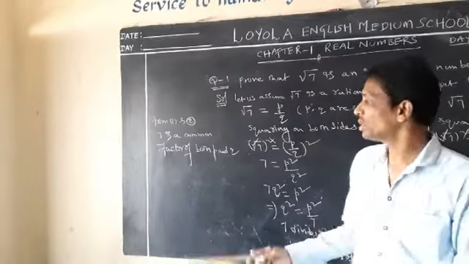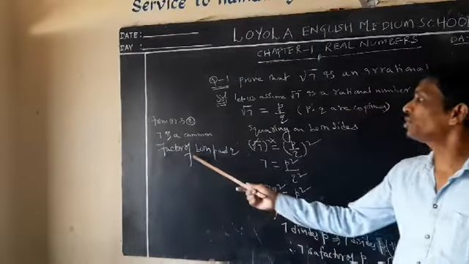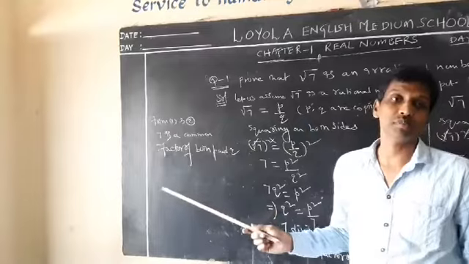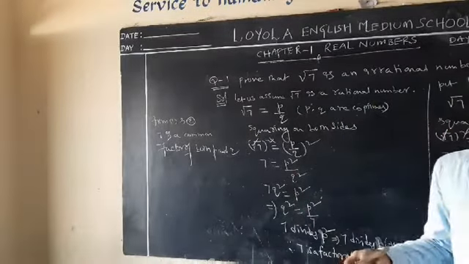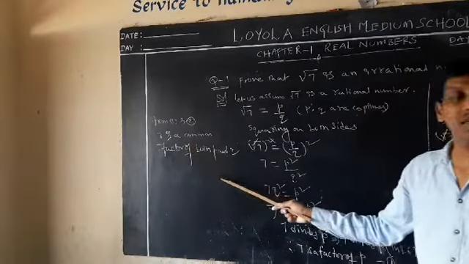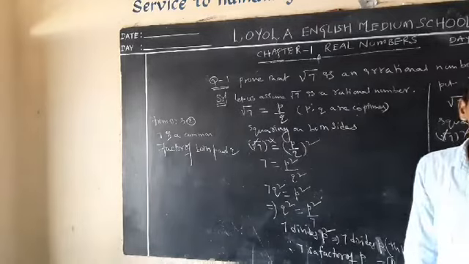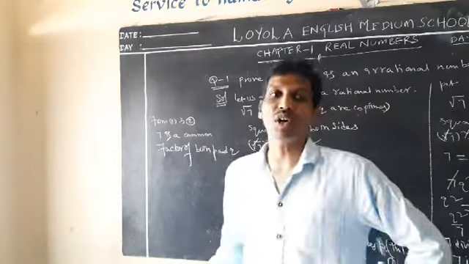But how is it possible? Here we came to know from the conclusion that 7 is a common factor for both p and q. But our assumption is that p and q are co-primes. If 7 is a common factor of both p and q, we should not say p and q are co-primes. So here we get a contradiction.